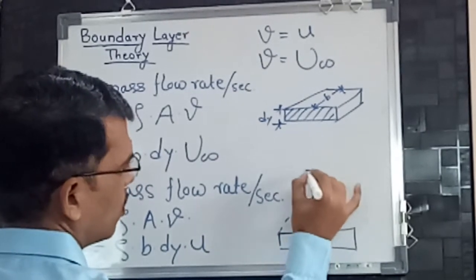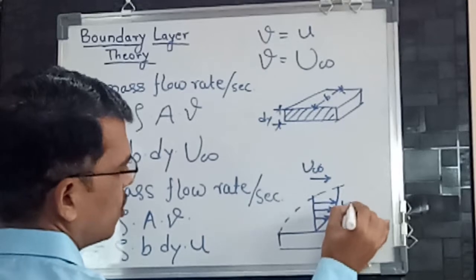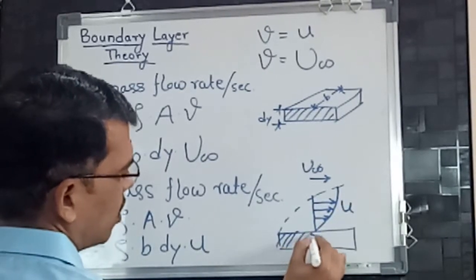And here your velocity is u infinity and here it is u, and this is your plate.